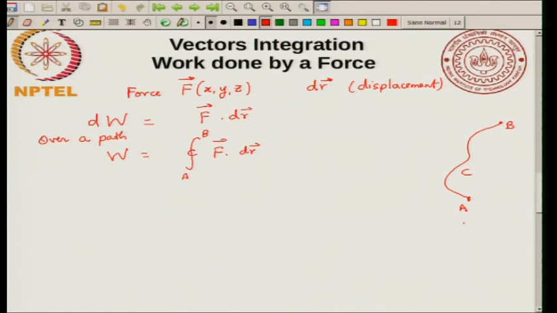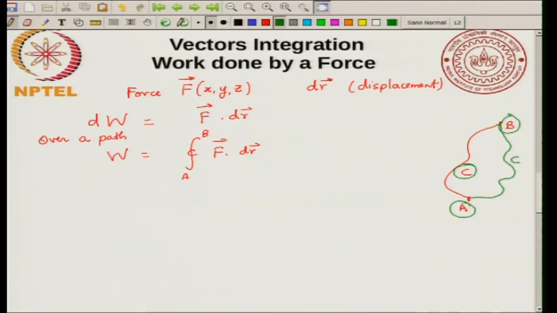Now, if you look at this picture right here, you have A, you have B, and you have this path. This immediately raises a question: suppose I go from A to B this way. Now, if I go from A to B by a different path, some path C1, is the work the same or different?